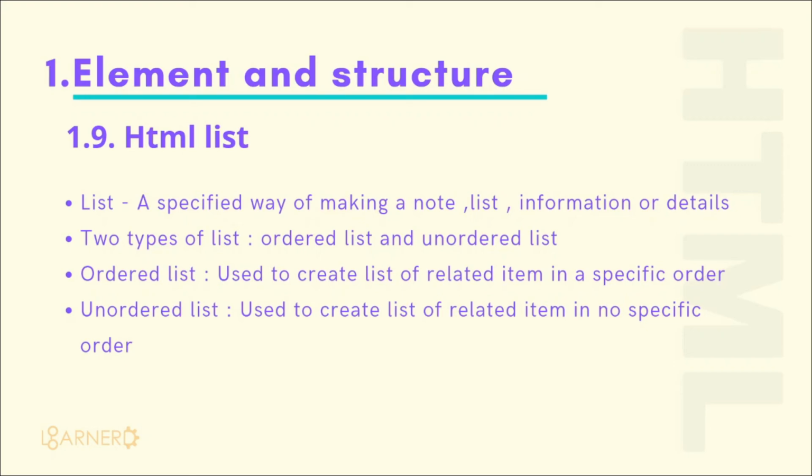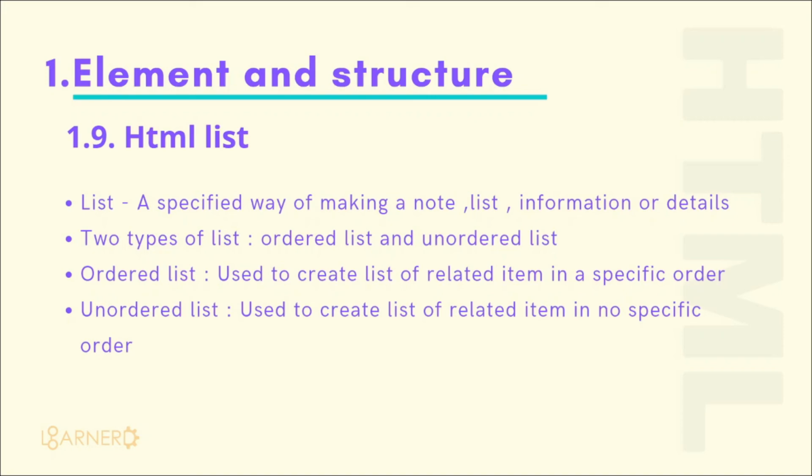For providing such lists, HTML provides us with two kinds of tags, and these lists are divided into two types: ordered list and unordered list. An ordered list is used to create a list of related items in a specified order, so it will be listed in numbers. It will have numbering order.